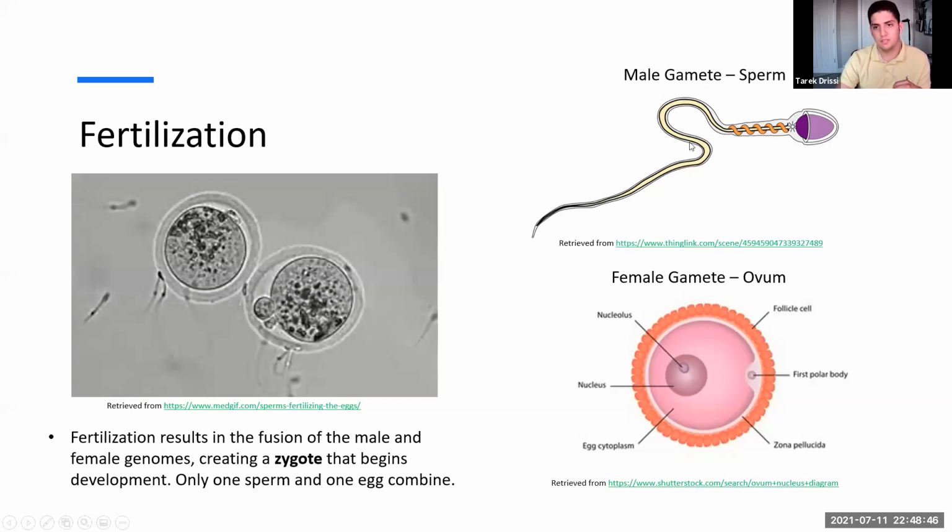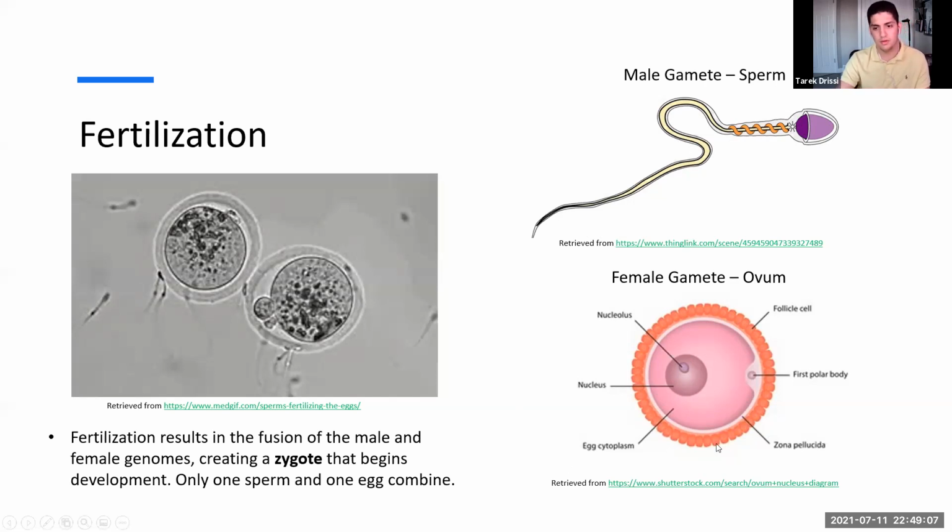The sperm, of course, is produced in the male and it has a long flagellum, which allows it to swim towards the egg. The egg is much, much larger than the sperm. You can see here, this is one sperm compared to one egg, and it contains all the cytoplasm for the embryo to start developing from.